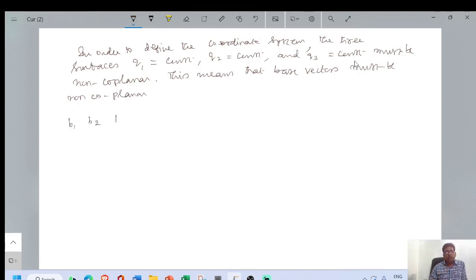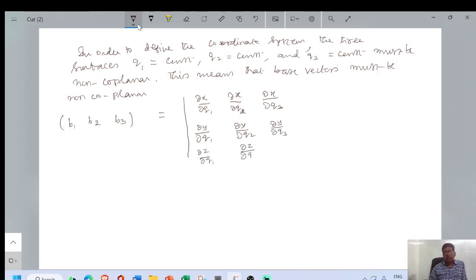Therefore b1, b2, b3 equal to the determinant with rows ∂x/∂q1, ∂x/∂q2, ∂x/∂q3; ∂y/∂q1, ∂y/∂q2, ∂y/∂q3; and ∂z/∂q1, ∂z/∂q2, ∂z/∂q3, which is not equal to 0.